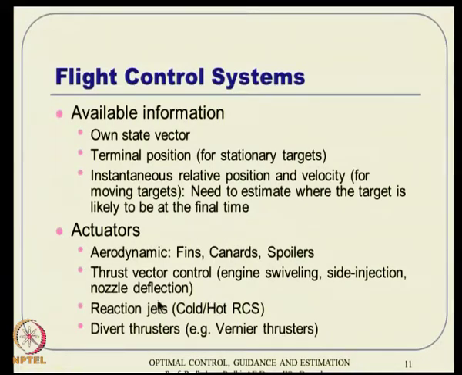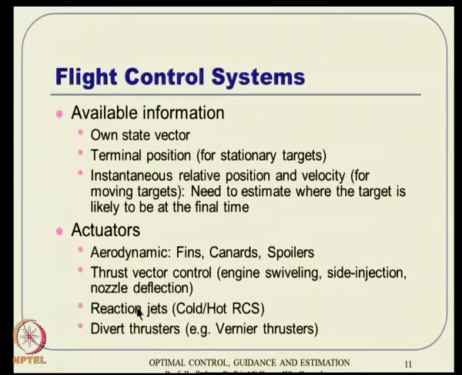Then there are reaction jets. You can talk about cold RCS or hot RCS. Cold RCS means you have just pressurized gas and you let it expand through a nozzle. Whereas hot RCS means a small rocket engine sort of thing, where you actually burn and get your thrust and then deflect it through different jets.